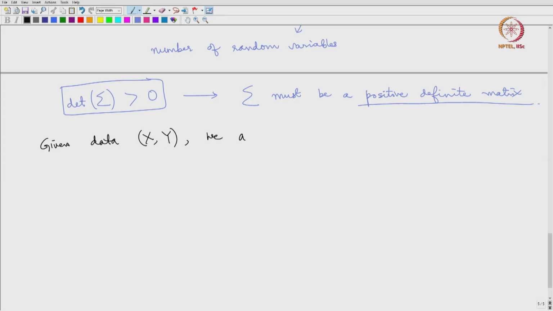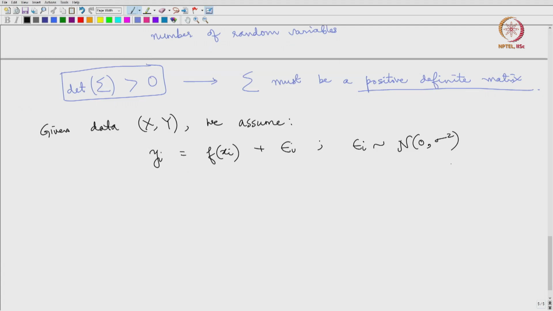We have to assume that this data yi can be given as f of xi, where f is the function we are approximating, plus a normally distributed error, and typically the normally distributed error has mean 0 and variance sigma squared, where this sigma is an estimate of the irreducible error.